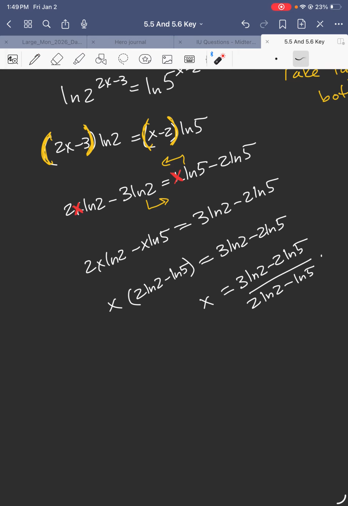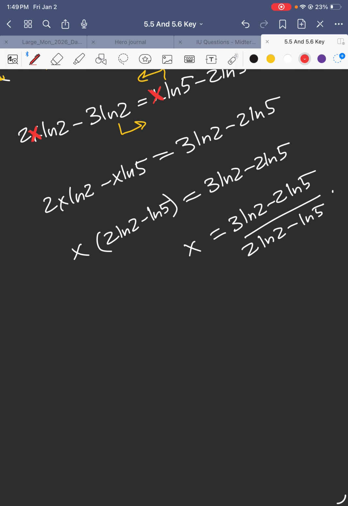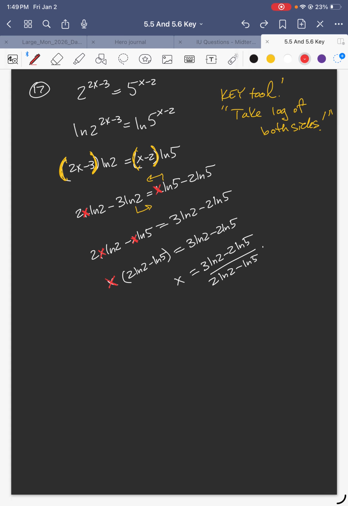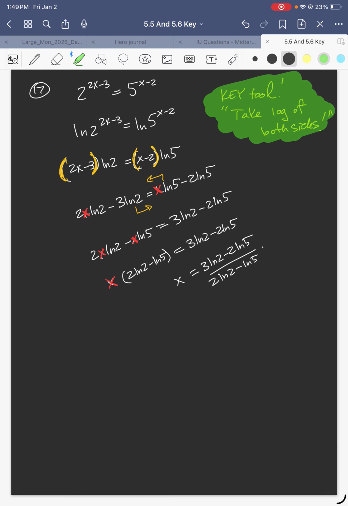So I'm going to move this over to get all the x's on one side, and I move this over so that all the non-x's are on this side. Then I have an x in this term and an x in this term. I can factor it out to the front, and then divide by this number, and I get an answer. So the thing that we learned there, key tool: taking the log of both sides.